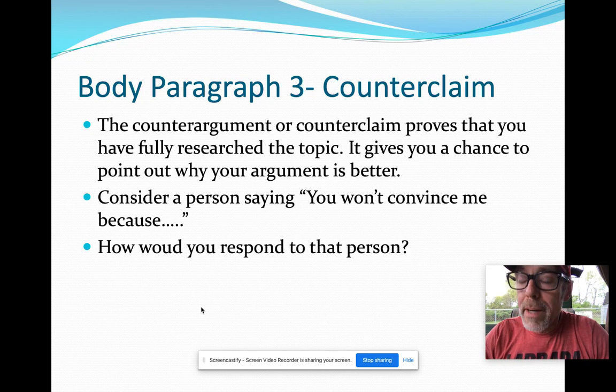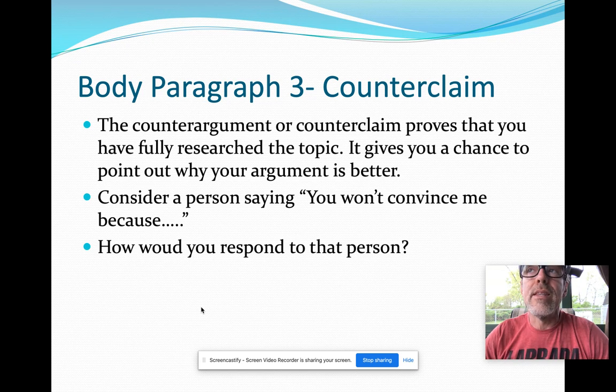The third body paragraph, which is paragraph 4, is going to be the counterclaim to your argument. So if somebody gave the other side of the story, how would you respond to them? So that's the counterclaim.